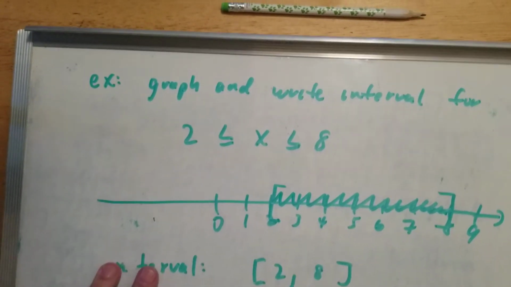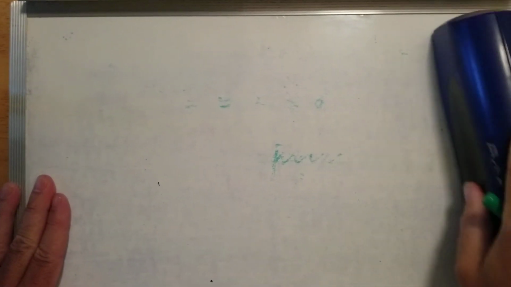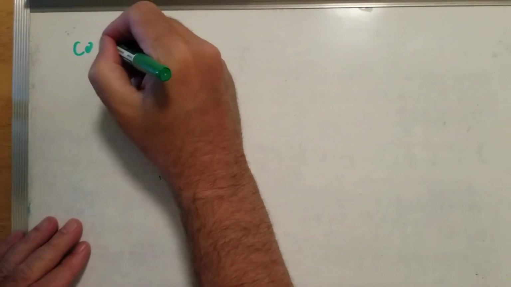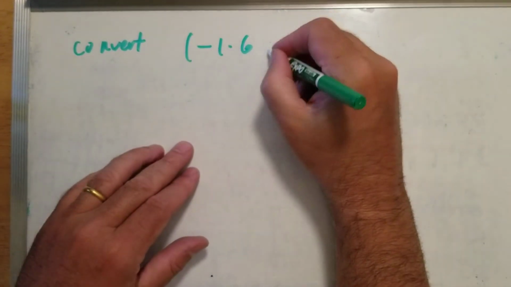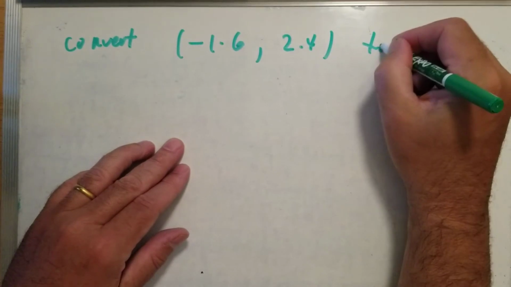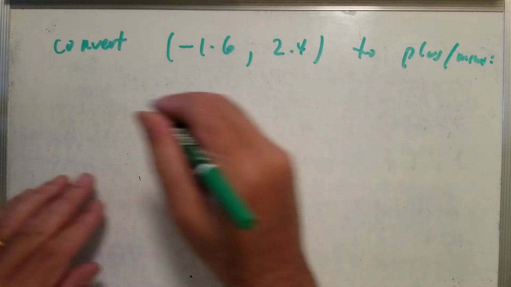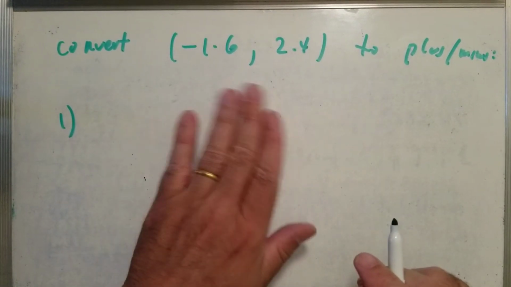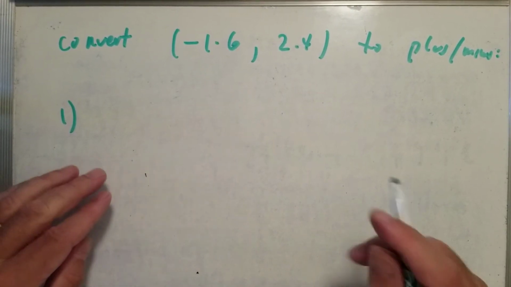Now to write it in plus-minus notation, there's a couple of algebra steps that I need to do. So to convert negative 1.6 to 2.4 to what's called plus-minus. Step 1, first I'm going to find the midpoint of this interval by adding these two numbers together and dividing by 2.